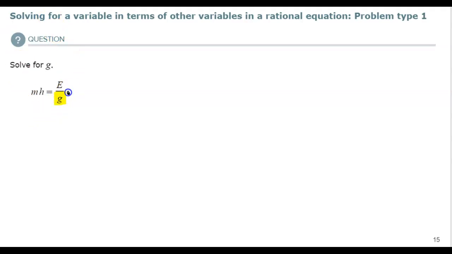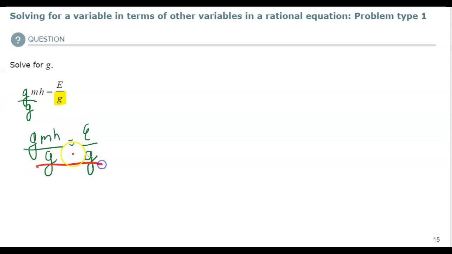I'd still do what I'd normally do, where I need to get everything a least common denominator. So I'm going to multiply this side by g over g. And I can cross off.